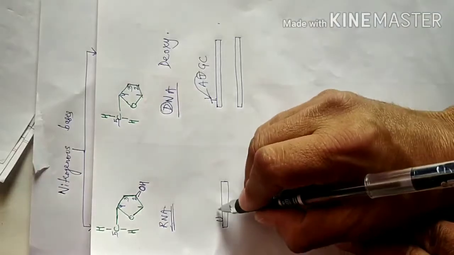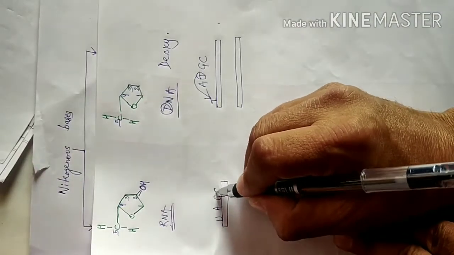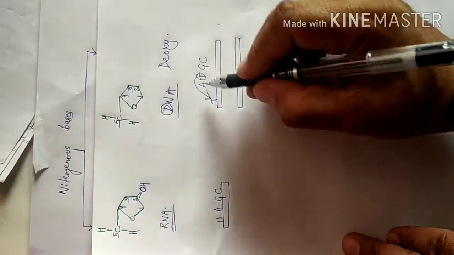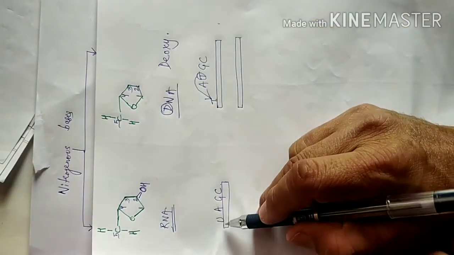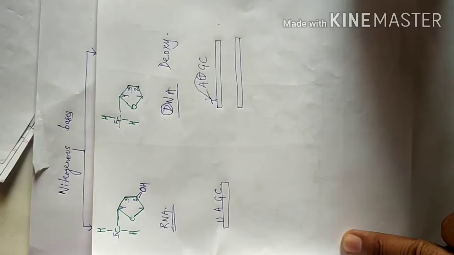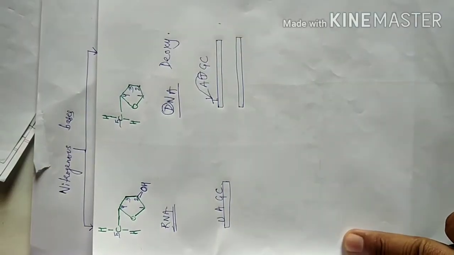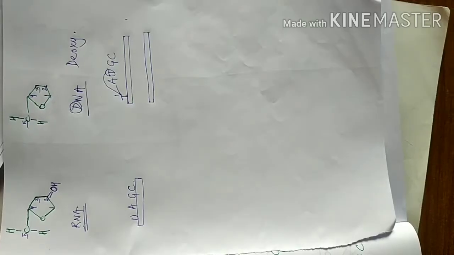The other bases being the same, A, G and C, there is no thymine present in RNA and there is no uracil in DNA. So this is the third point of difference between DNA and RNA.